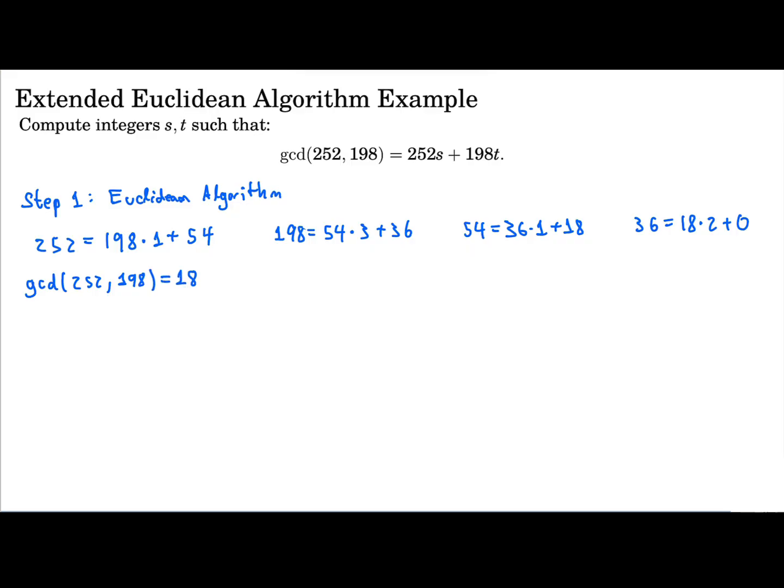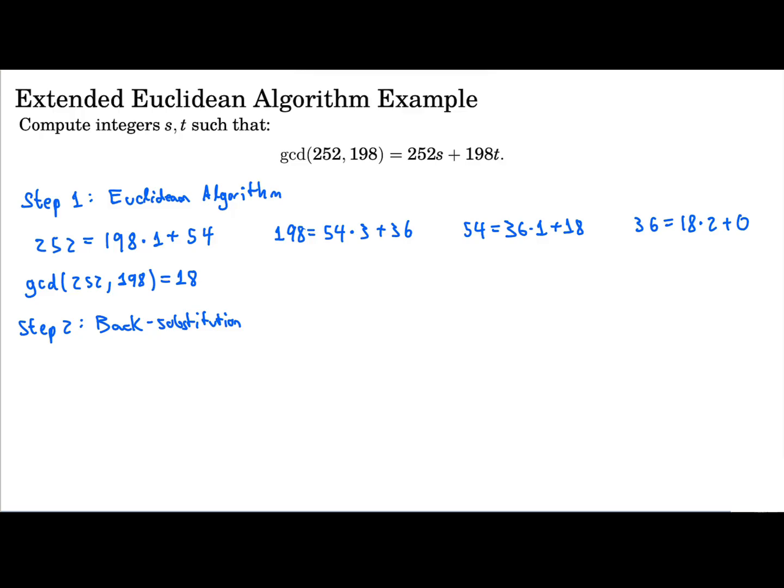Now, to find s and t, what we're going to do is something called back substitution. So let me rewrite this. Step 2, back substitution. And how do we do that?